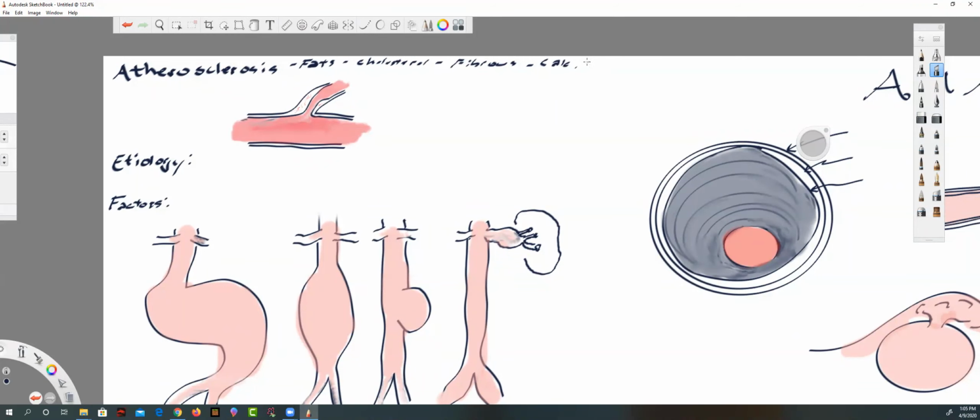I'm going to write neovasculature. In other words, new blood vessel growth. And what was the last thing? Complex carbohydrates. I was going to look that up. That's actually new for me too.